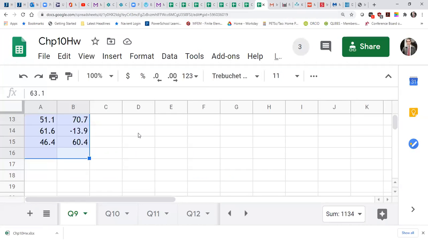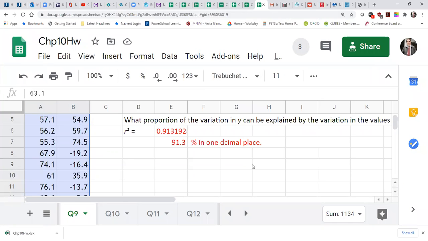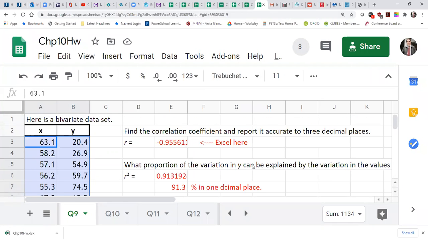So you can see here the data from 3 to 15.